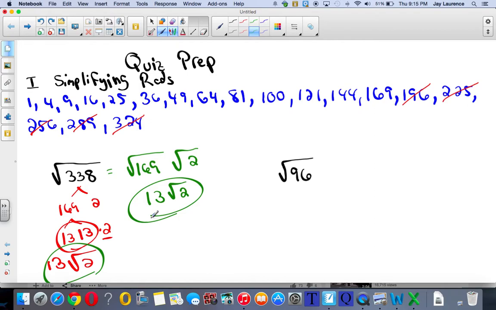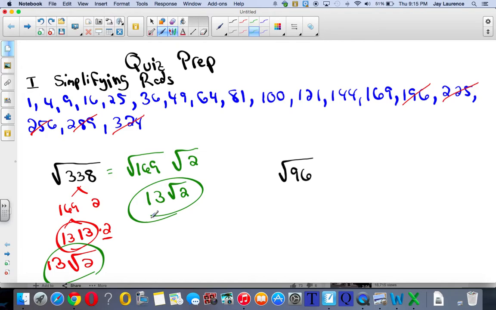Notice I'm not touching a calculator. Okay? Now, I could check on my calculator. I could take the rad of 338. The rad of 338 is approximately equal to 18.384777631. And now I can do 13 rad 2, and I get the same exact decimal, 18.384777631.